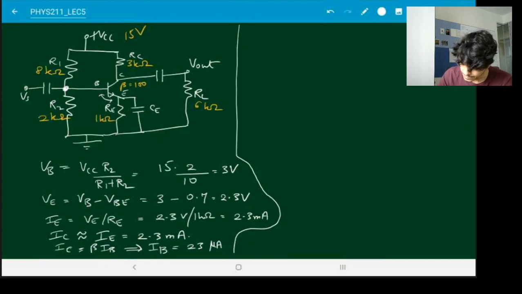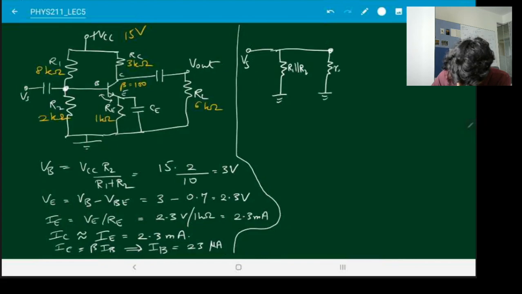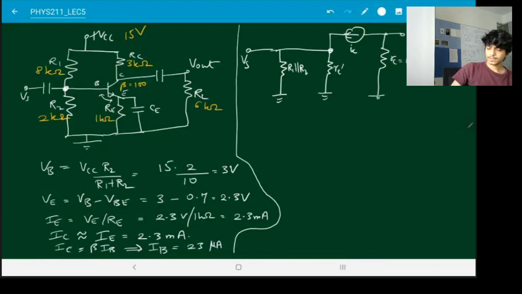Now in the AC analysis, I have to draw that circuit again. Okay, let's draw it again. So this is our AC equivalent circuit.